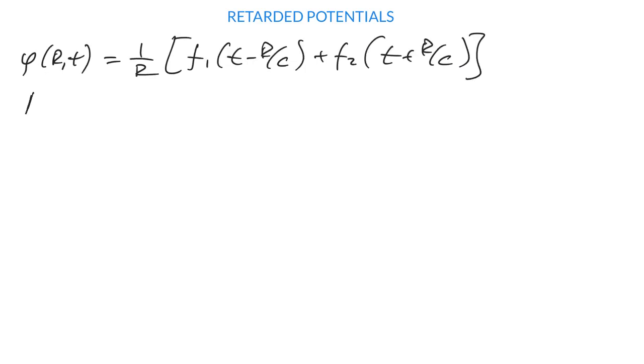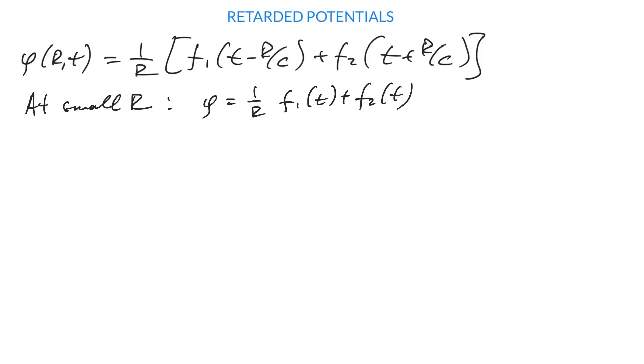Now let's see what happens close to the origin at small r. At small r, the potential goes as 1 over r times f1 of t plus f2 of t. r over c is small, and we drop it.